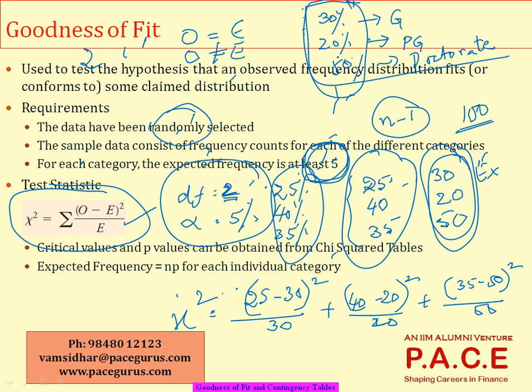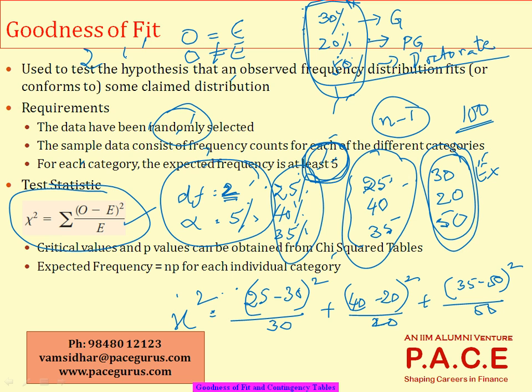But because the expected frequency is in the denominator for the computation of the chi-square, the value will be biased very heavily if the expected frequencies are much lower. So make sure that the expected frequencies are at least 5, and then you can either compare with the critical values, or your system software can generate the p value, and you can compare the p value against the level of significance to take your decision.